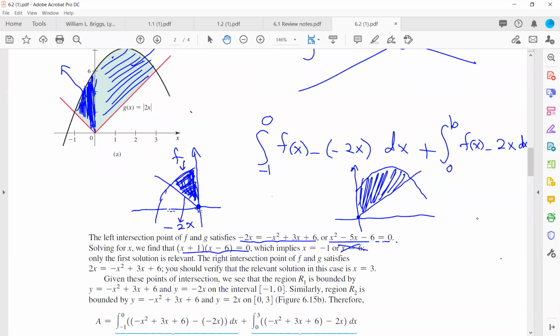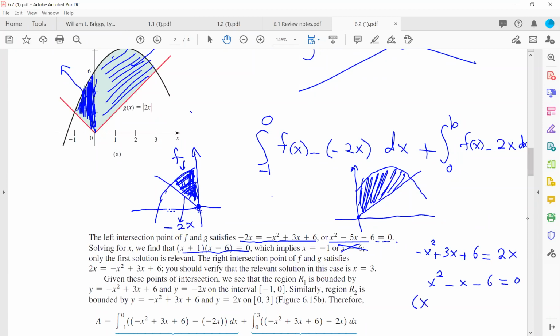So negative x squared plus 3x plus 6 equals 2x. So you get x squared minus x minus 6 equal to 0.